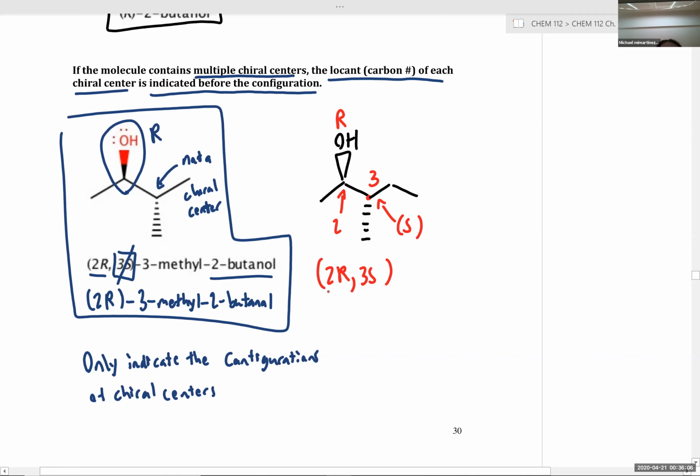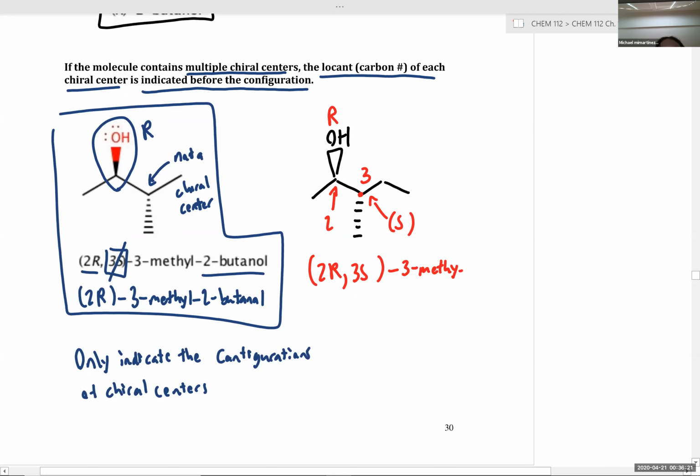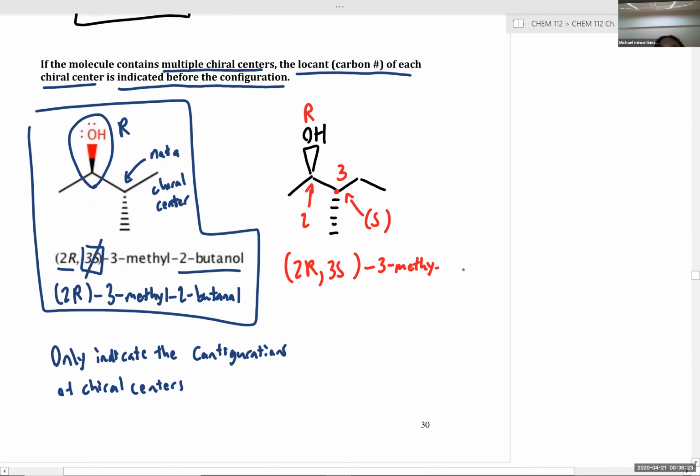So we put the locant followed by the configuration, comma, locant number, configuration, and then we name the molecule as normal. So this would be 3-methyl-2, and instead of butanol, it would be pentanol.